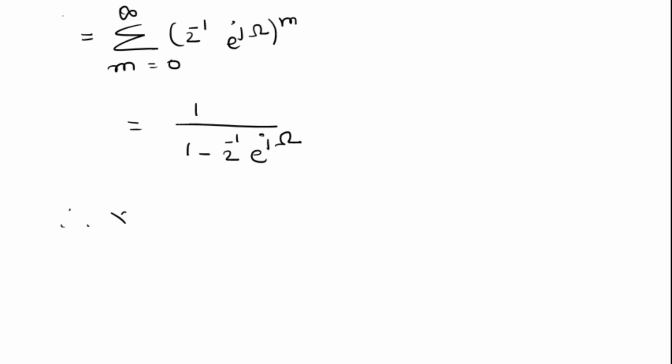Therefore, X of e power j omega is equal to 2 divided by 2 minus e power j omega.